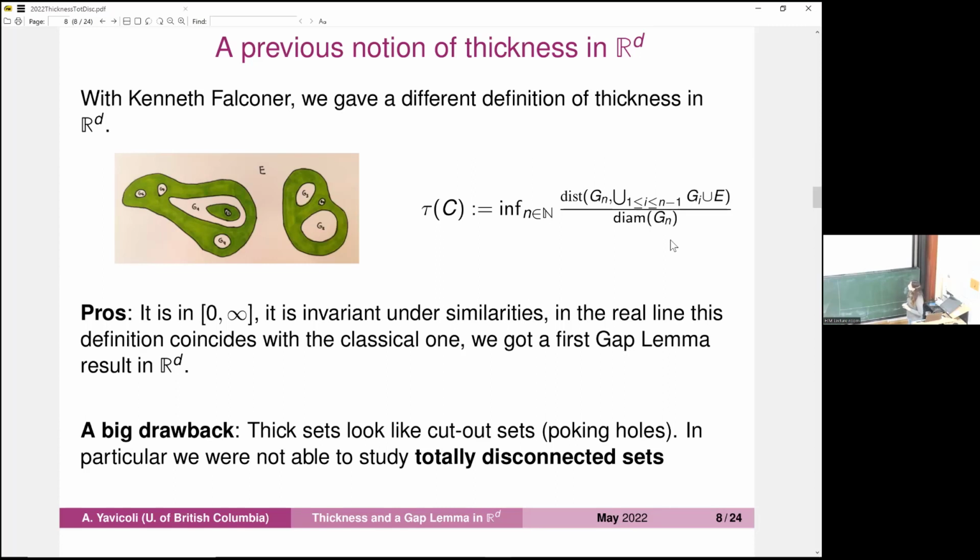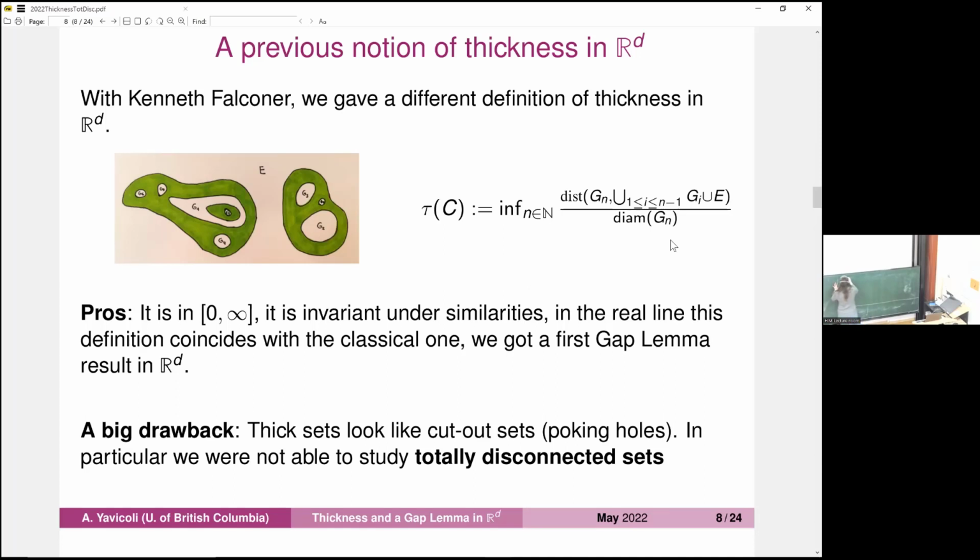But there was a big problem: the sets that are useful, the sets that have positive thickness, are like those sets, removing maybe a lot more holes, but they look like that, like cutout sets.